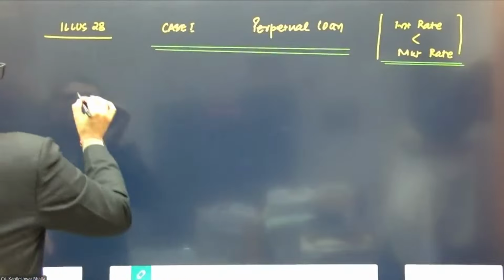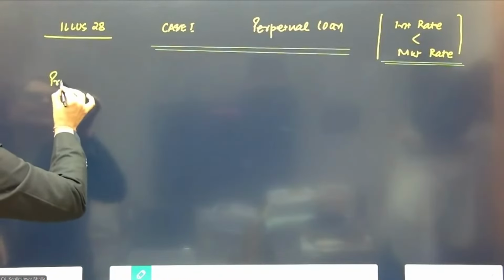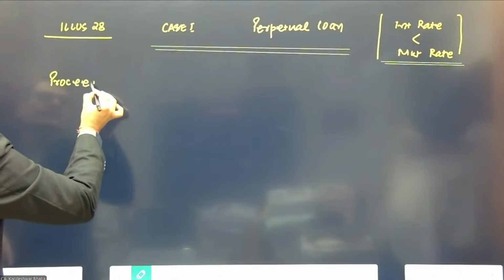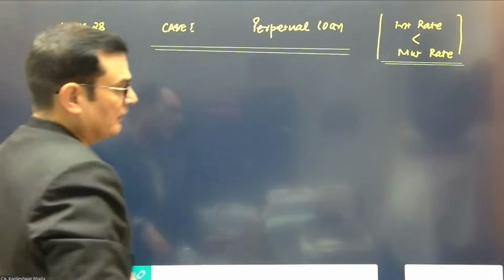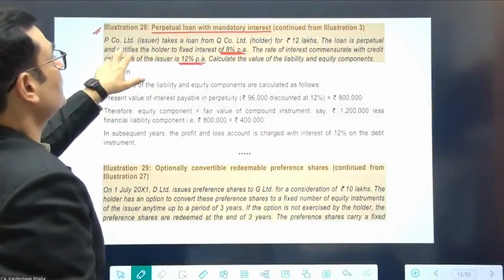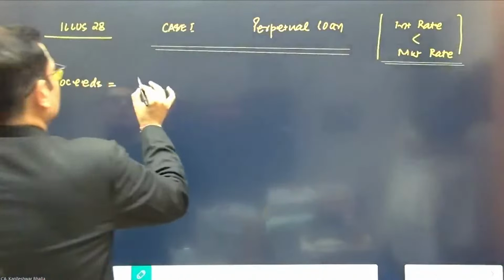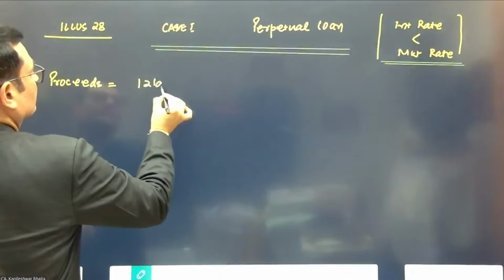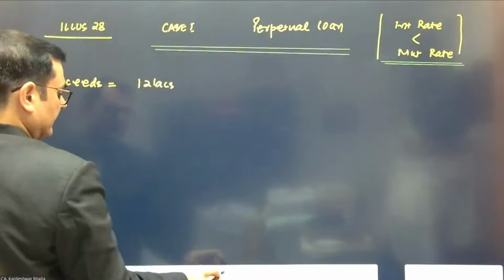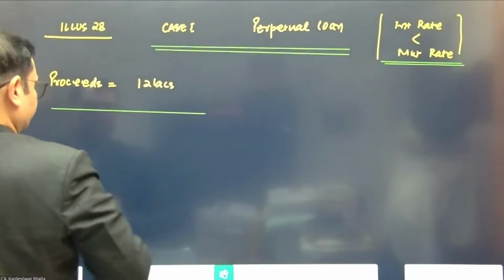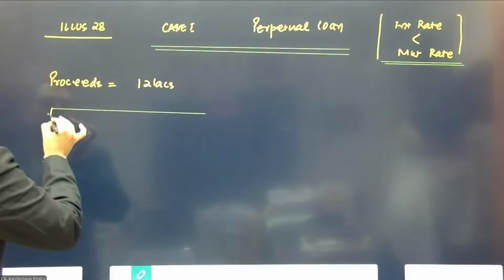So let's do one thing now. Let's first take the proceeds in this case. So what is the proceeds in this case? The company issued a loan for 12 lakhs, so we can say the proceeds is supposed to be 12 lakhs. So we need to segregate what is the financial liability and what is the equity component.